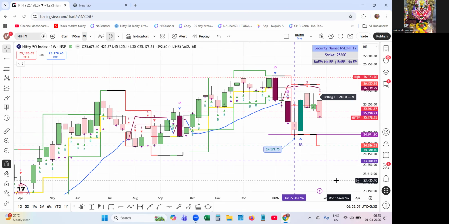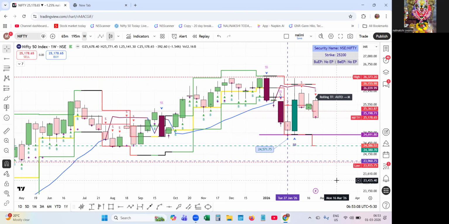It may even go to 23,960 because the monthly POC is around 24,060. It can even go to that. That will not happen immediately, but you should be prepared for this. You should be prepared for the downfall, and immediately it is better to stay away from the market.